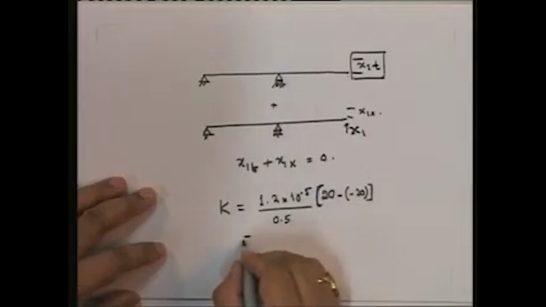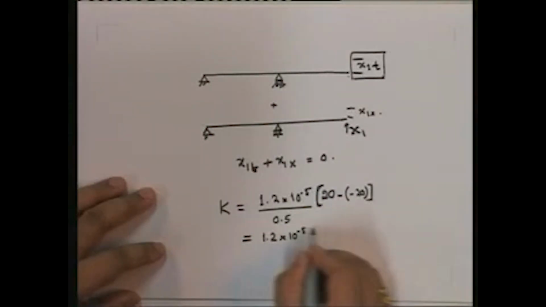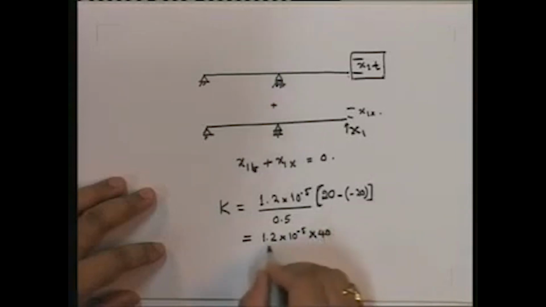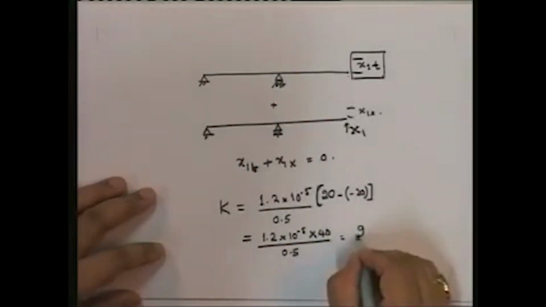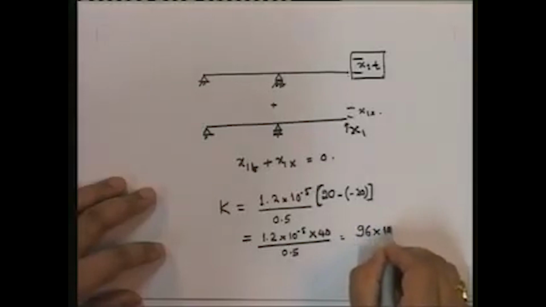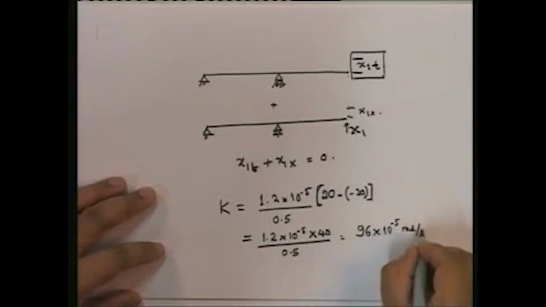Okay. So, this is equal to 1.2 into 10 to the power of minus 5 into 40 upon 0.5. So, if you put that together, you get 96 into 10 to the power of minus 5 radians per meter.